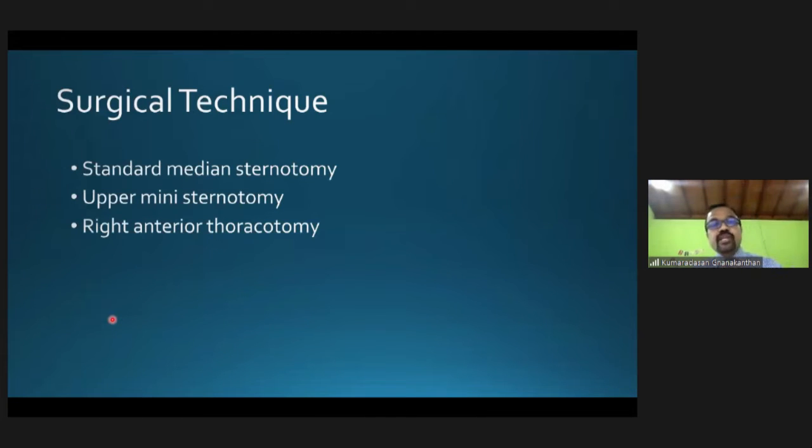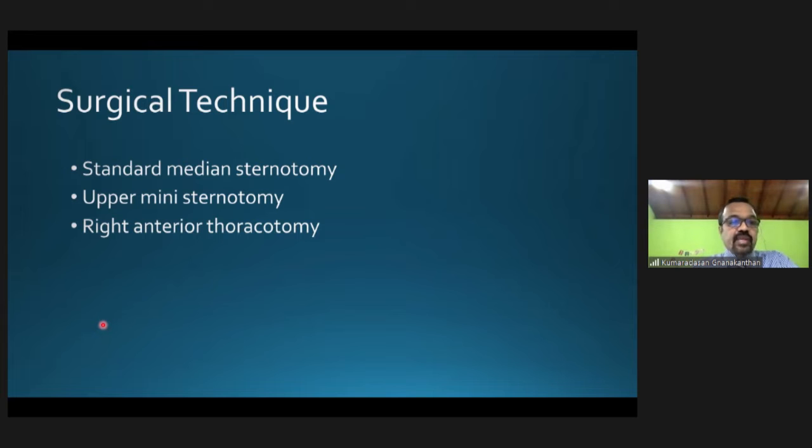So now we will get on to the surgical technique. The aortic root replacement is usually done with three-axis thinking. What my practice is, is the standard median sternotomy. It could be a long sternotomy or a short sternotomy, whichever you are comfortable with, or maybe an upper mini sternotomy or right anterior thoracotomy.